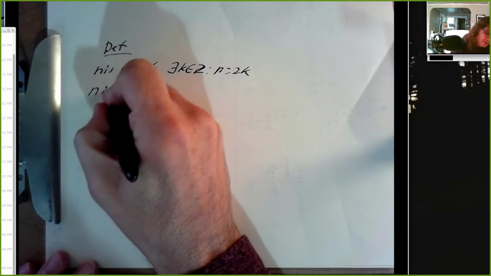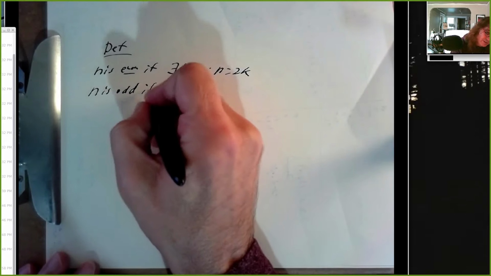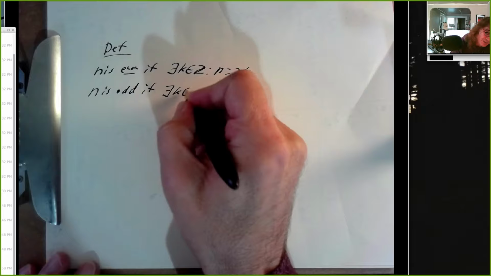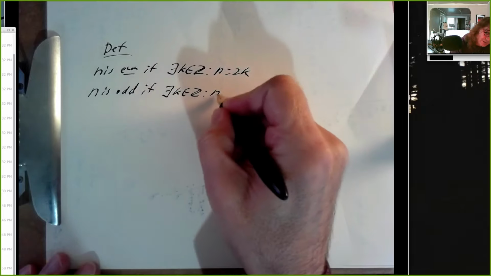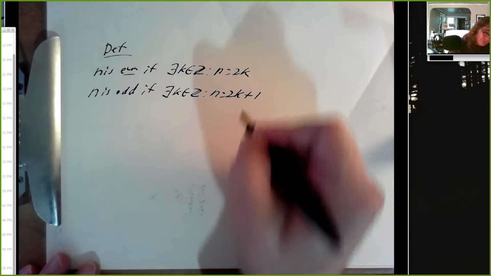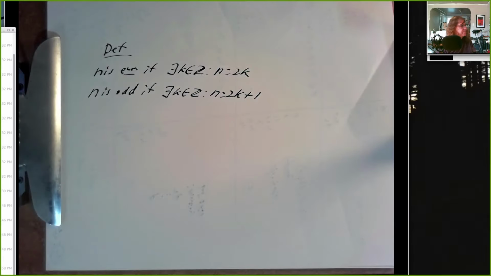And n is odd if there exists an integer k such that n equals 2 times k plus 1. Probably takes some work to show that every integer is either even or odd. It can be done, but it might take some work.